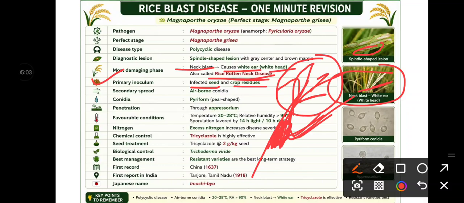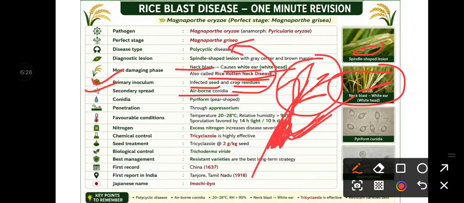So the primary source of inoculum is infected seed, crop residue or crop debris, and collateral weed hosts. Next is secondary spread. Secondary spread occurs through airborne conidia. Because of this, it is polycyclic in nature.